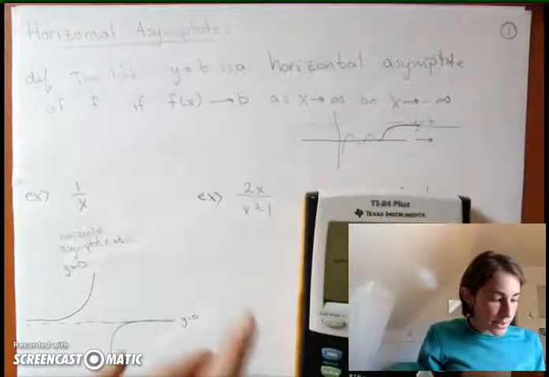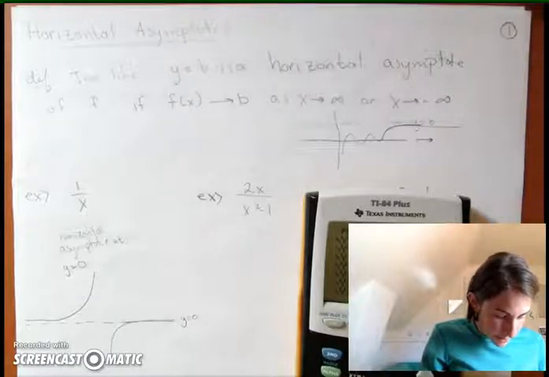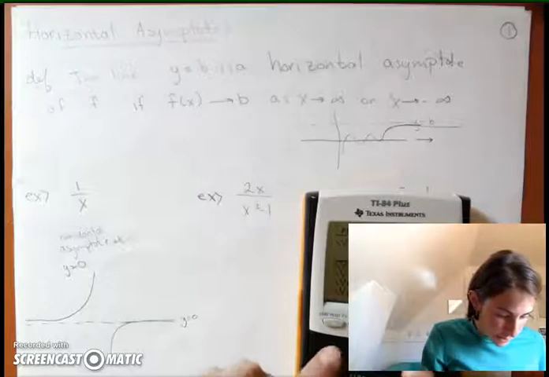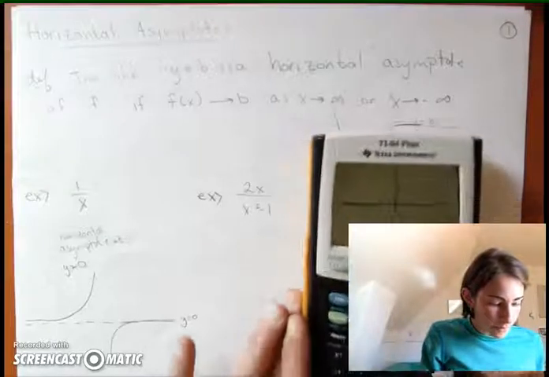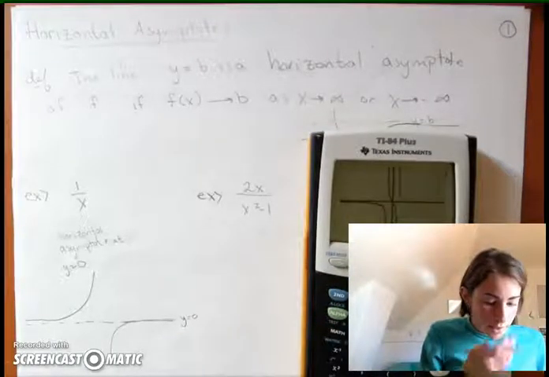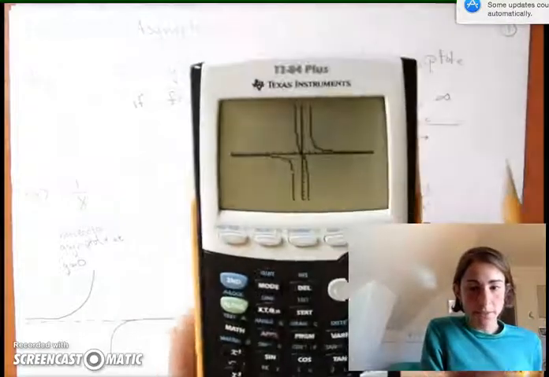So let's look at another example, 2x over x squared minus 1. So we have 2x in the numerator and x squared minus 1 in the denominator. Here, there's a lot going on in the middle of the graph, you'll notice.